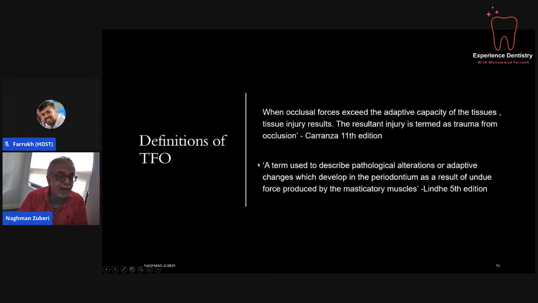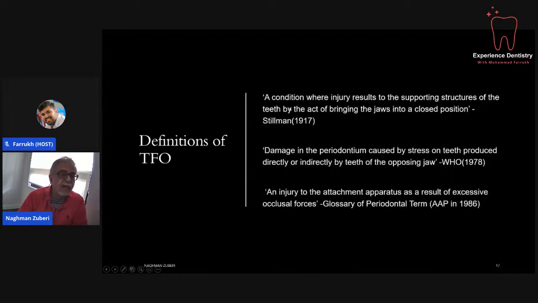According to Lindhe, it is a term used to describe pathological alterations or adaptive changes which develop in the periodontium as a result of undue force produced by the masticatory muscles. Well, Stillman, you must know this name from your periodontology, the person who is famous for identifying the clefts in lower anteriors, which we know as Stillman clefts, the gingival clefts.